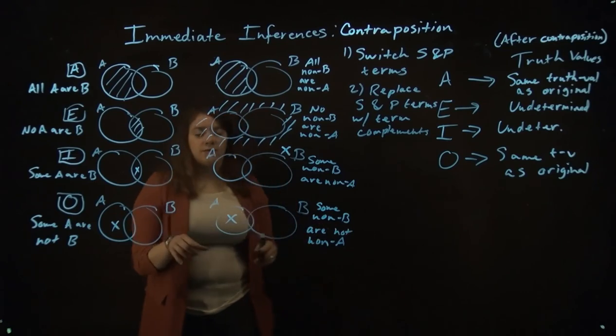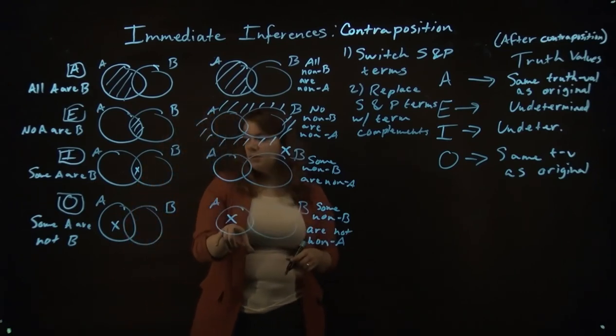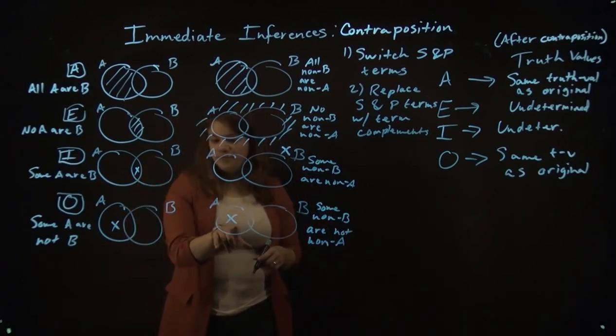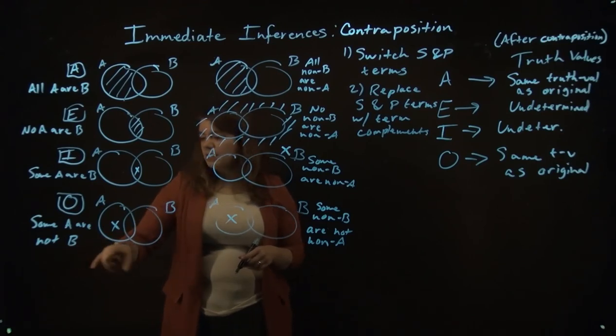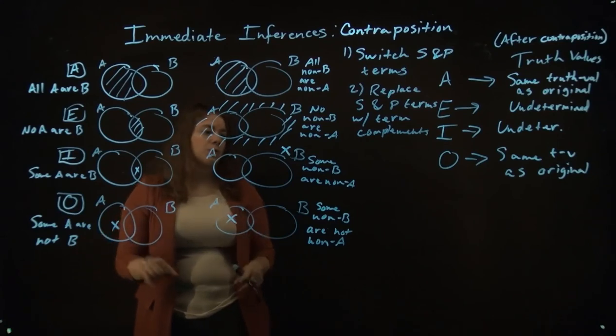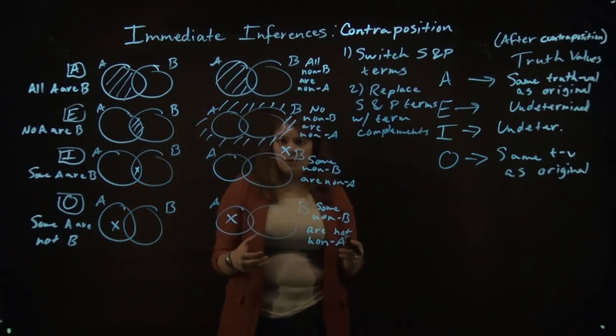They're not outside of the class of dogs. Okay, so it's still within that. So that maps out as the same here. And so we can say then that both the original O statement and the contraposed O statement have the same value, and we can determine that they are logically equivalent.